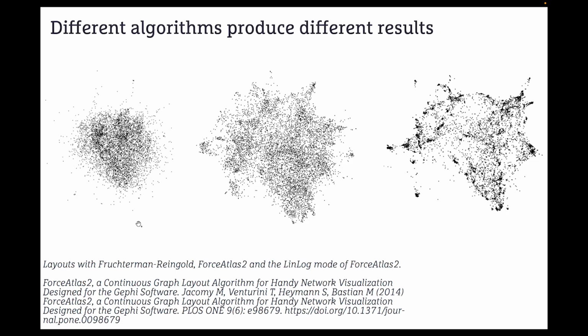In this example, you have the same network represented by 3 different force-driven algorithms: the so-called Fruchterman-Reingold on the left, ForceAtlas2 in the middle, and ForceAtlas2 with LinLog, aka Andreas Noack's LinLog algorithm, on the right. 3 different algorithms made by different people at different times, and they have different properties. The one on the right, the LinLog, is the one known to have the best cluster separation, which is what you want to have in general.